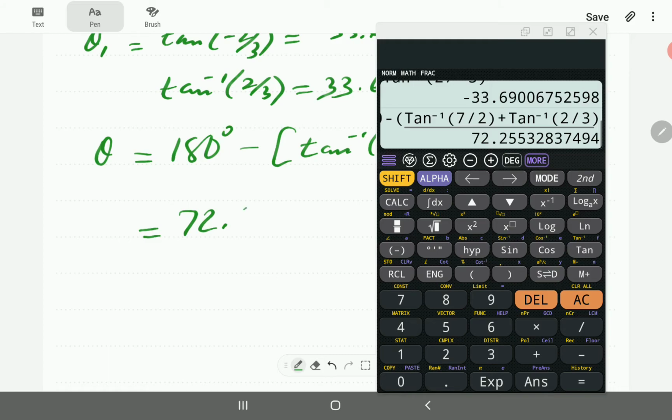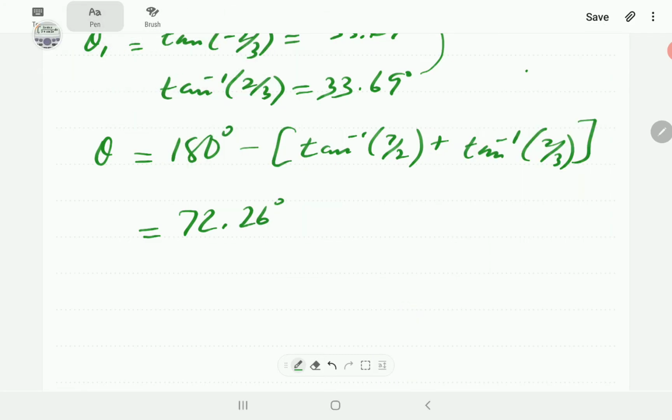So 72.26 is our angle there. All right, so that is the angle of intersection.